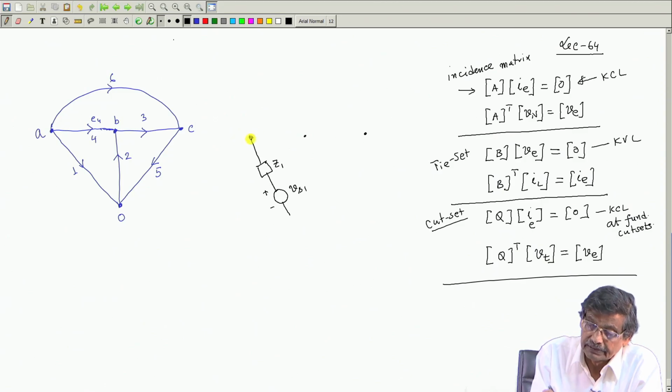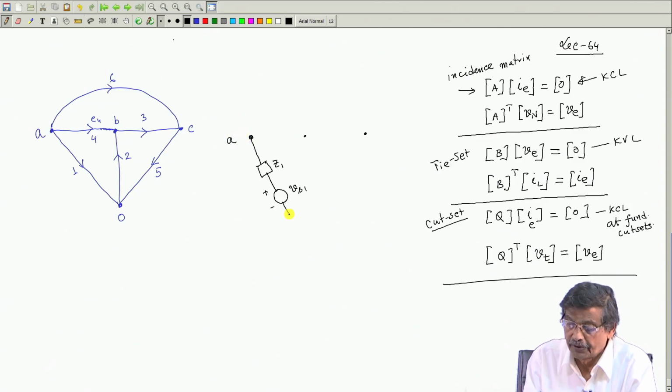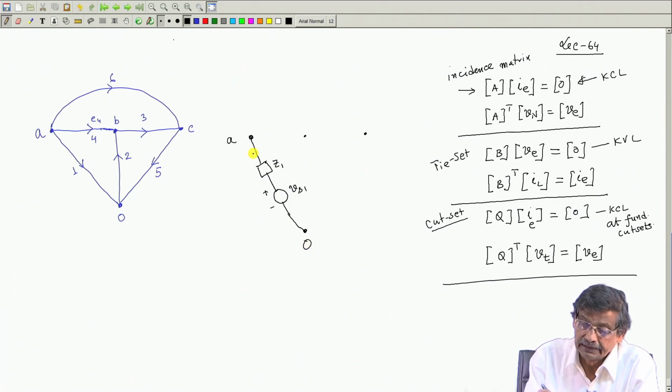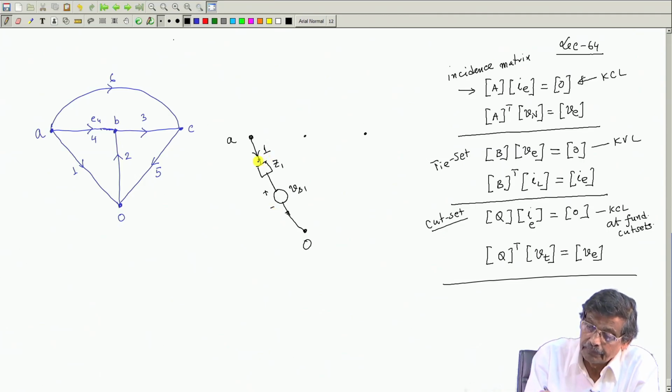This point is A, this point is O. This branch I have specified as branch number 1. In general it could also have a current source in parallel, Is1.